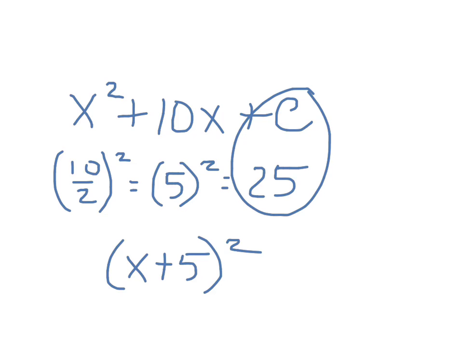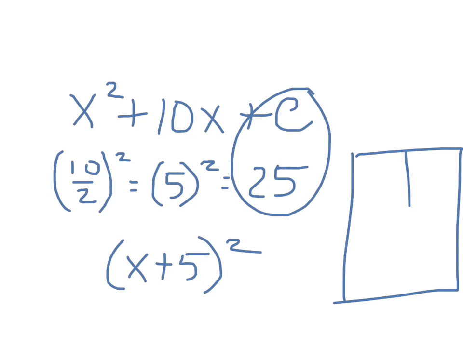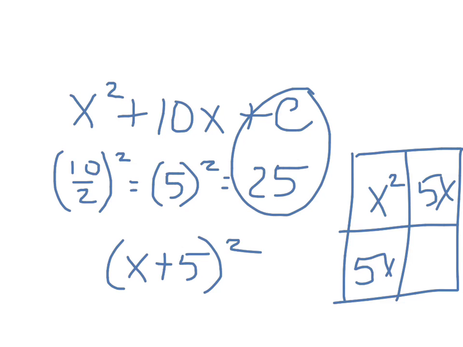It's doing the same thing. It's just written in a block format rather than this format. Here's what the block format would look like for this problem. If you had the 4 squares like this, x squared would be here, 5x would be here, 5x would be here. What goes here? That's what they're asking you to do for that.